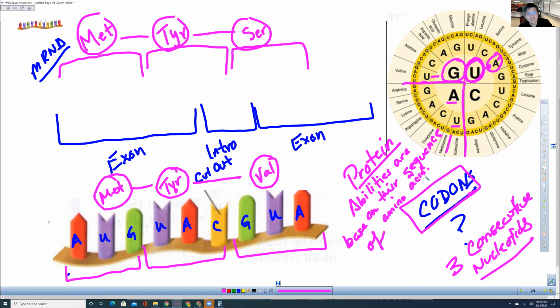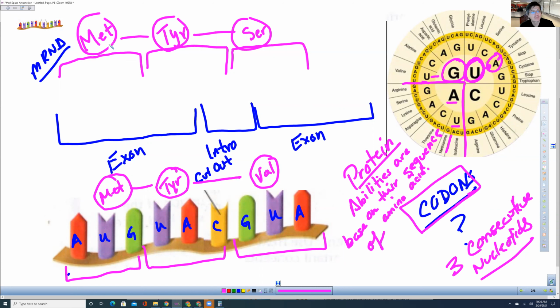Because remember what we said, guys. We said that proteins are like apps, and so they have specific jobs that they have to do. And it's the amino acid sequence, the order in which the amino acids are connected, that determines the ability of the protein to do its job.